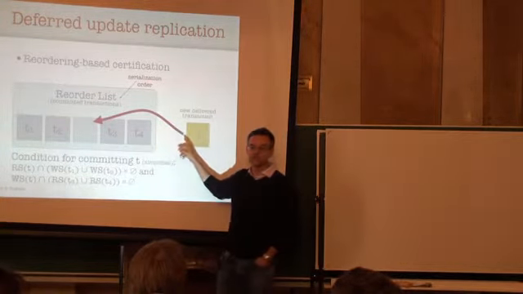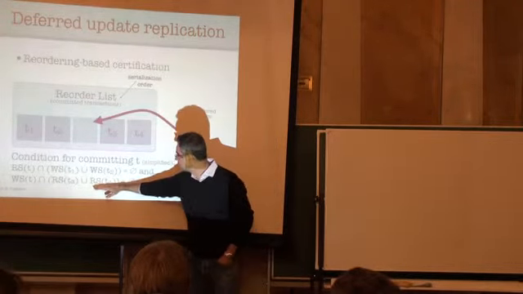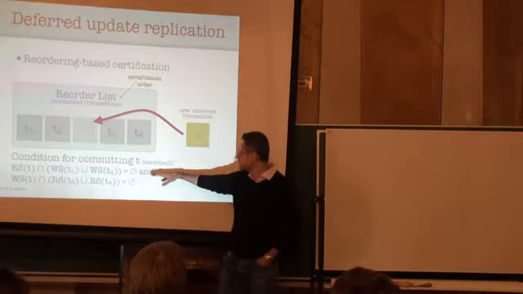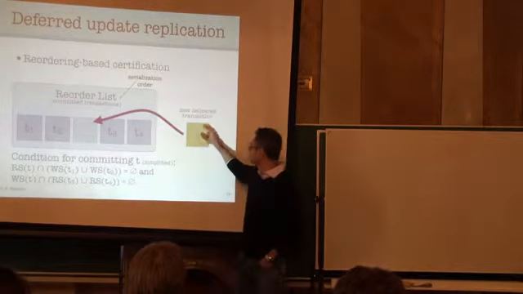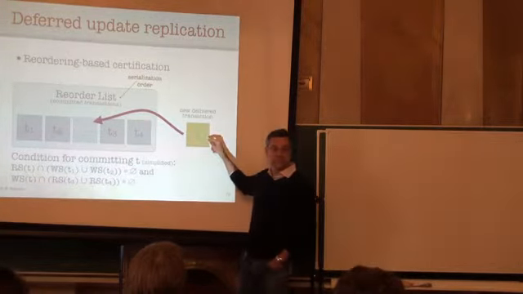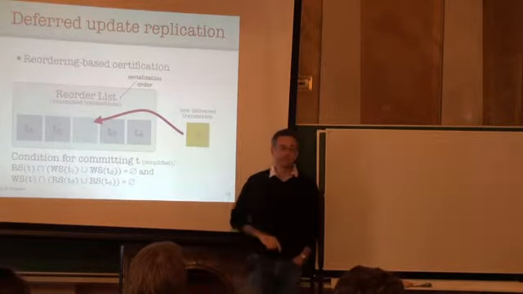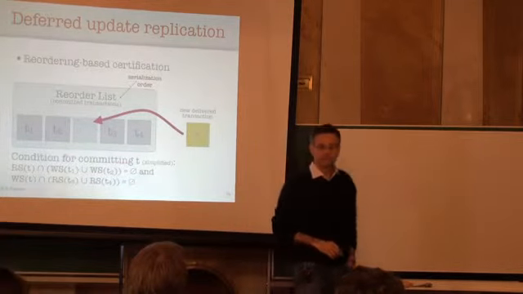If it does not, then I can place the transaction here. That's basically what's done by the second part of my certification test. So the certification test now checks whether the transactions that precede T do not change what T reads, and the transactions that succeed T do not read what T changes. And if this is true, then I can commit my transaction T. So that's the idea.